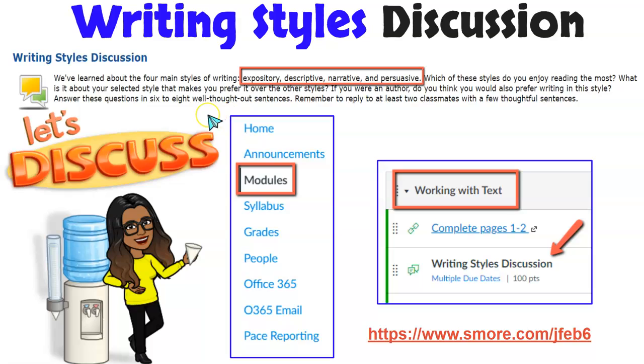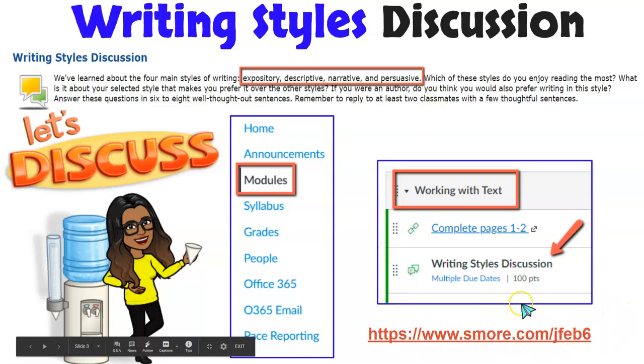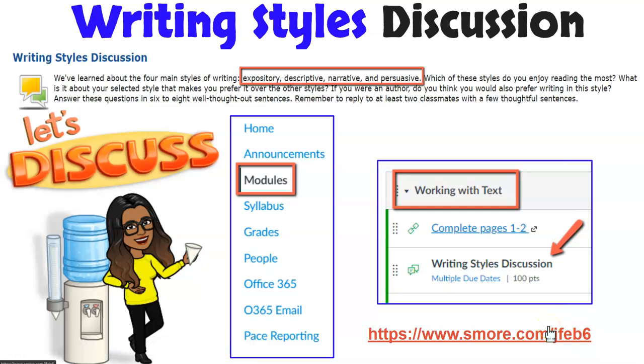So I want you to answer these questions in at least 6 to 8 sentences, and don't forget that you must respond to at least 2 classmates. Please make sure you're writing sufficient responses when you reply to classmates, and add your resources. Remember, you can check out the SMORE newsletter to see the requirements for your discussions and also to see examples of what resources are.